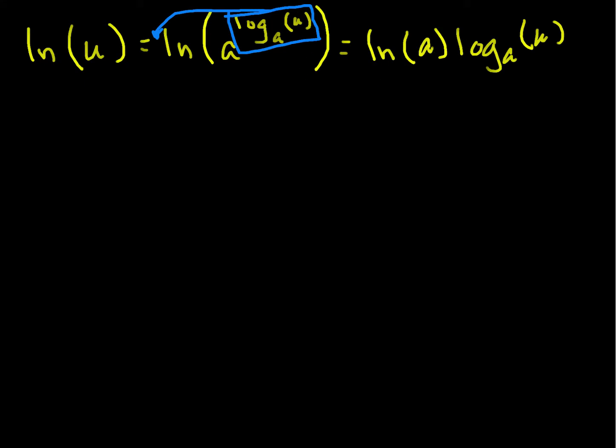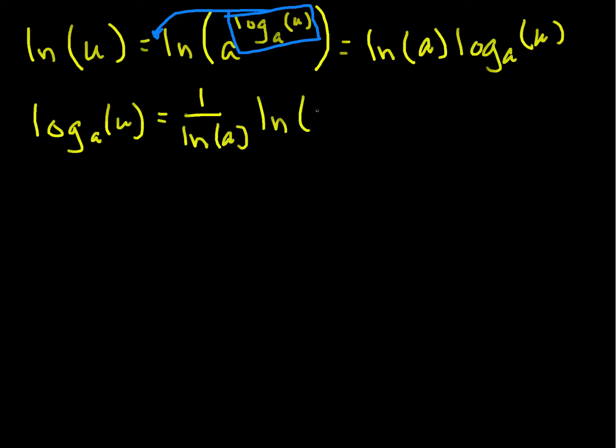So the natural log of u is equal to the natural log of a times log base a of u. Solving for this, I get that log base a of u is the same as 1 over the natural log of a times the natural log of u.